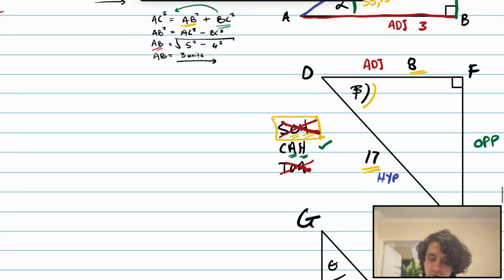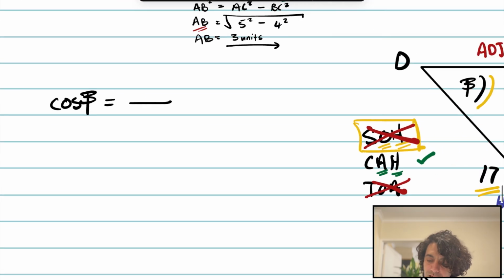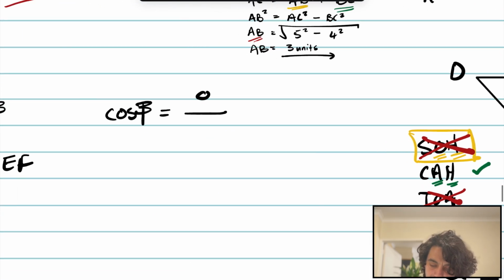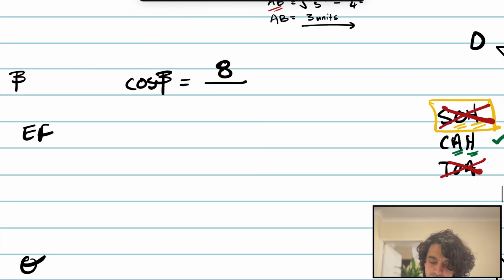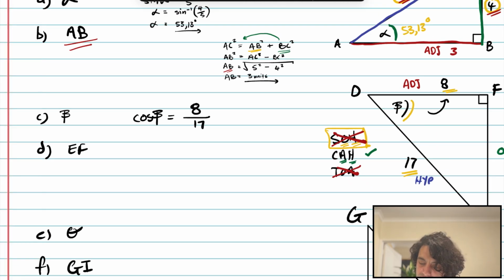So I am going to use cos. I'm going to write cos of beta is equal to adjacent being 8 over my hypotenuse being 17.